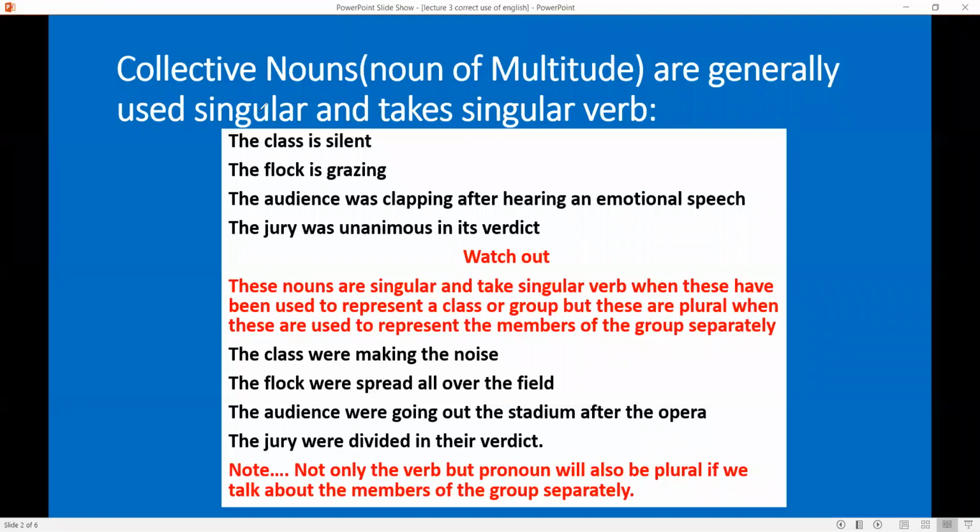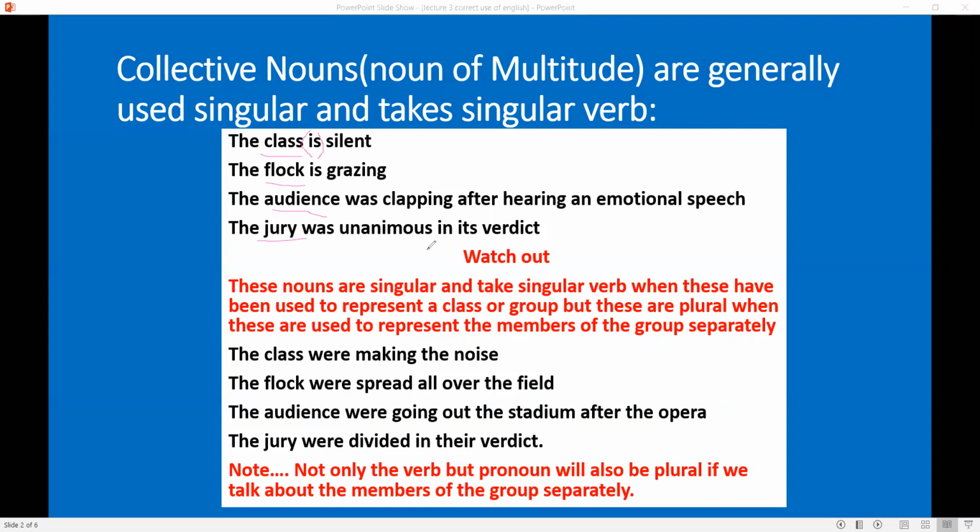They are generally used singular and take singular verbs, like the class is a noun of multitude, the flock, the audience, the jury. All of these are singular, so they take a singular verb: is silent, is grazing, was clapping, was unanimous.